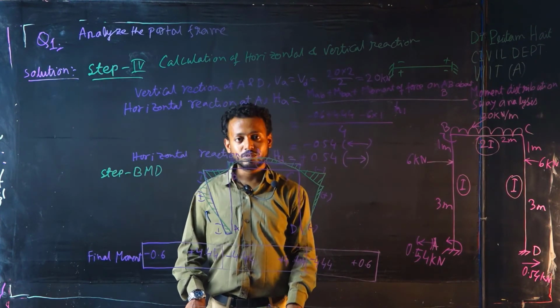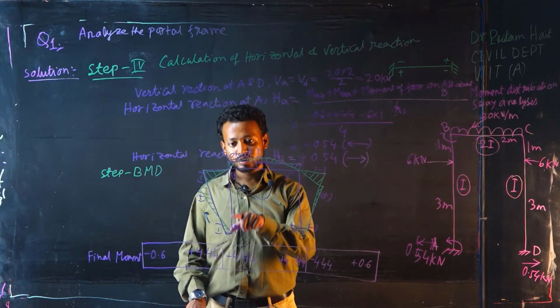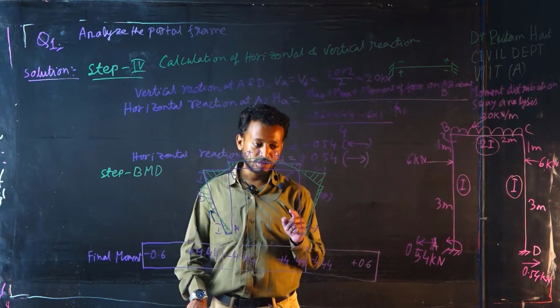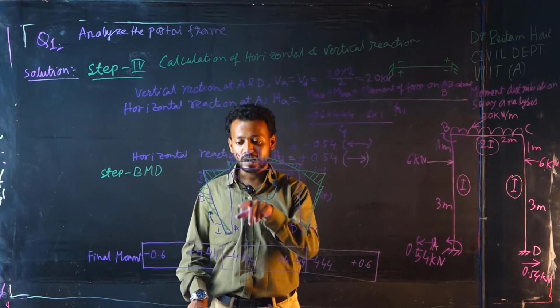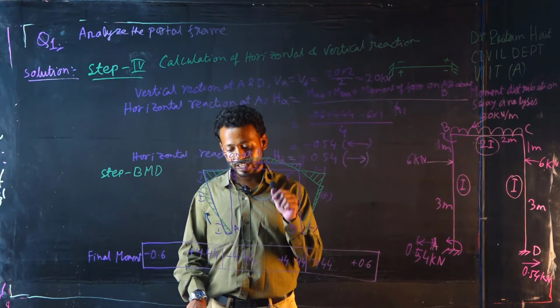So always you are observing that at support or at intermediate joint, negative bending moment will occur, that means hogging moment, and at span positive bending moment will occur, that means sagging moment.